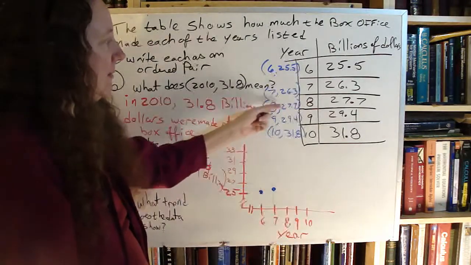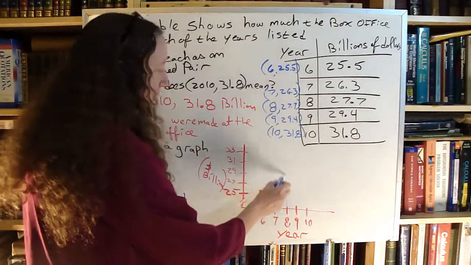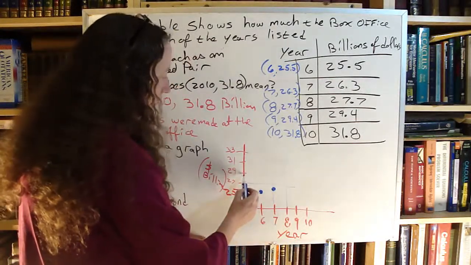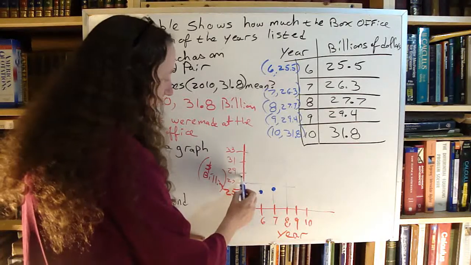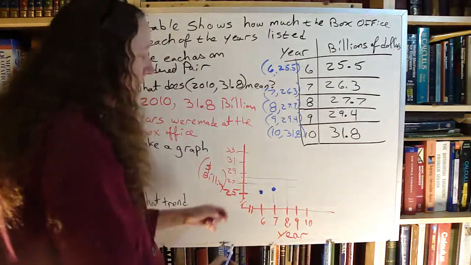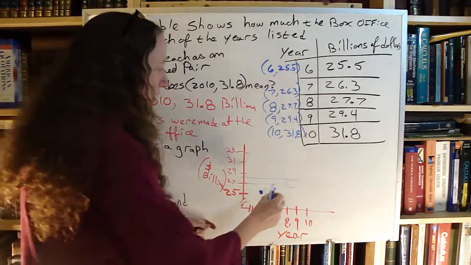Next one, 8 comma 27.7. Here's my 8. There's 27. Halfway between 27 and 29 is 28. I want 27.7, so I want it close to 28.